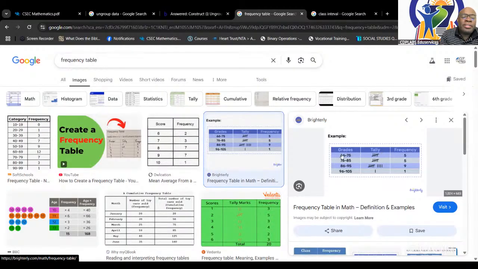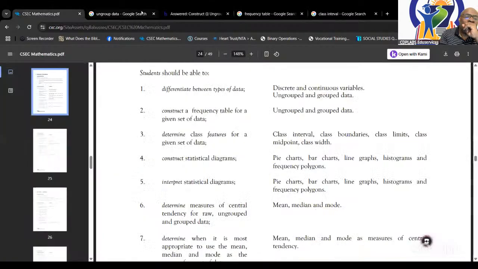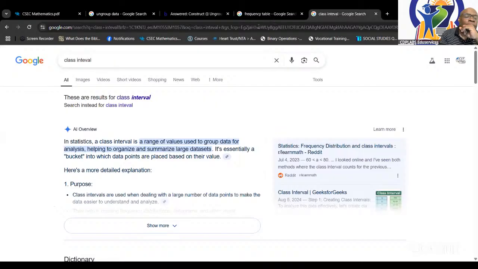Here you can see the range: from 66 to 75 is a range. From 76 to 85 is another range of values, 86 to 95. These are the class intervals. Good. So back to the definition: a range of values used to group data for analysis, helping to organize and summarize large data sets. Good. That's class interval.